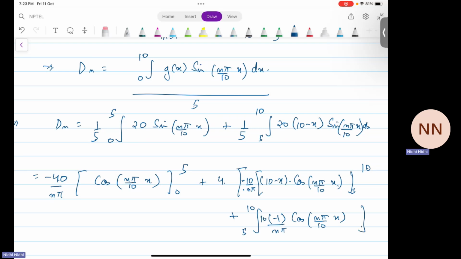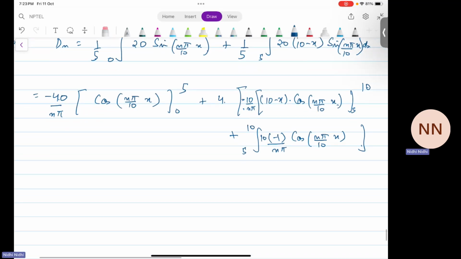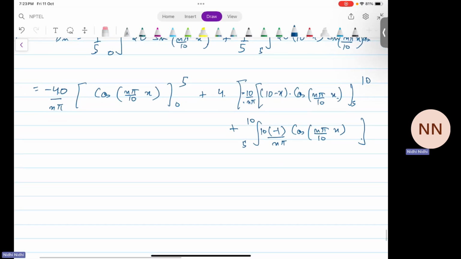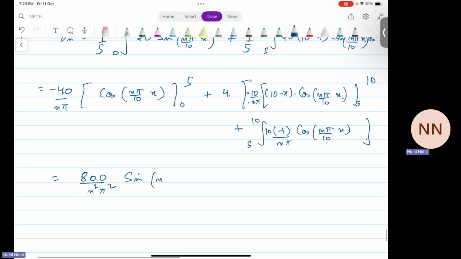So you can just evaluate it, and at the end you will get this is equal to 800 by n square pi square sine n pi by 2.